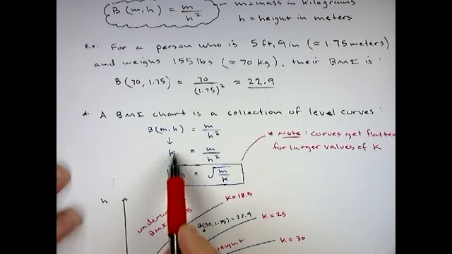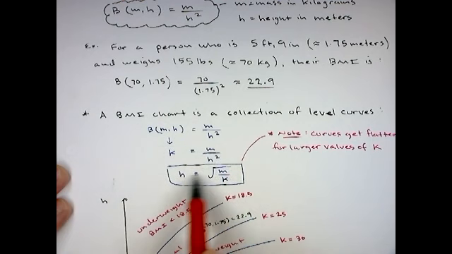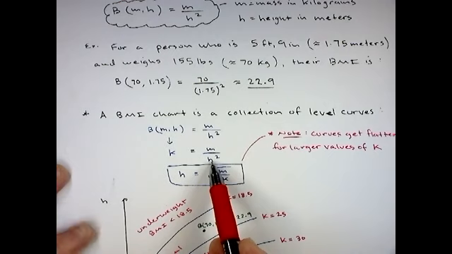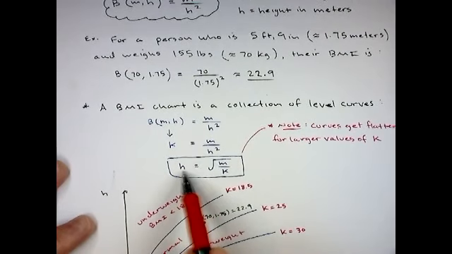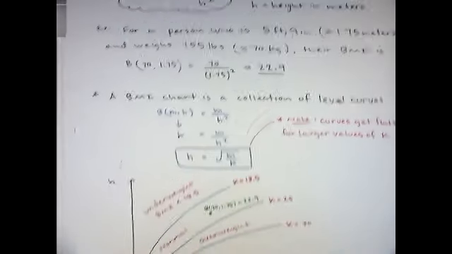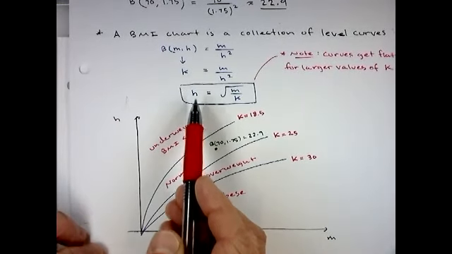We used to think of that as z. We have k equals m over h squared. And if we just by choice solve it for h, you would get h is equal to the square root of m over k. And so we could plot some level curves for this, picking different values of k.